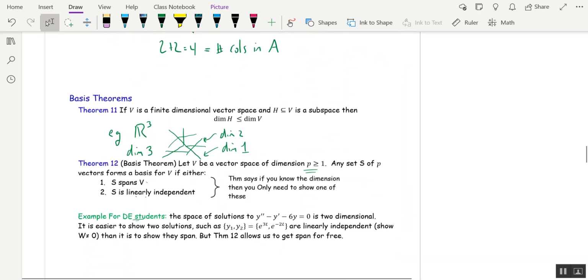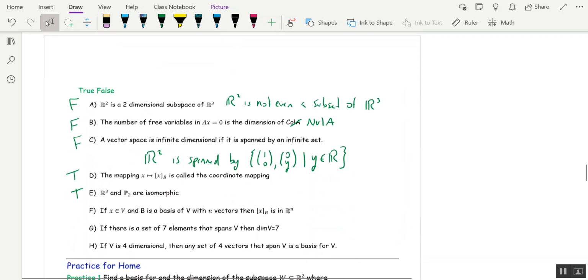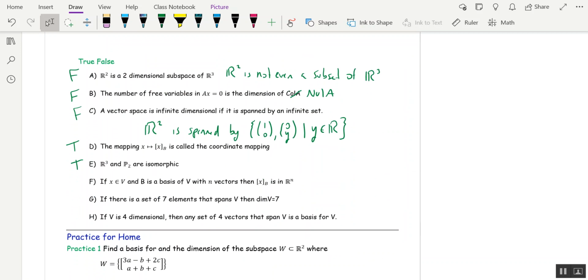Okay, back to our true false. If x is in V and B is a basis for V with n vectors, then the coordinate vector is in Rn. That's true, because remember what the coordinate vector is. You write x as a linear combination of the basis vectors. So let's call them b1 through bn.